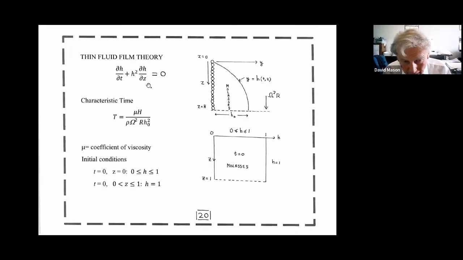It satisfies a first order quasi-linear PDE. This is a good example of a quasi-linear PDE for lecture material or projects. It's the same as the flow due to gravity, but we've got the centrifugal force instead. And this is the thin film draining from the sugar crystals. The initial condition is a rectangular profile, and then it starts to drain.